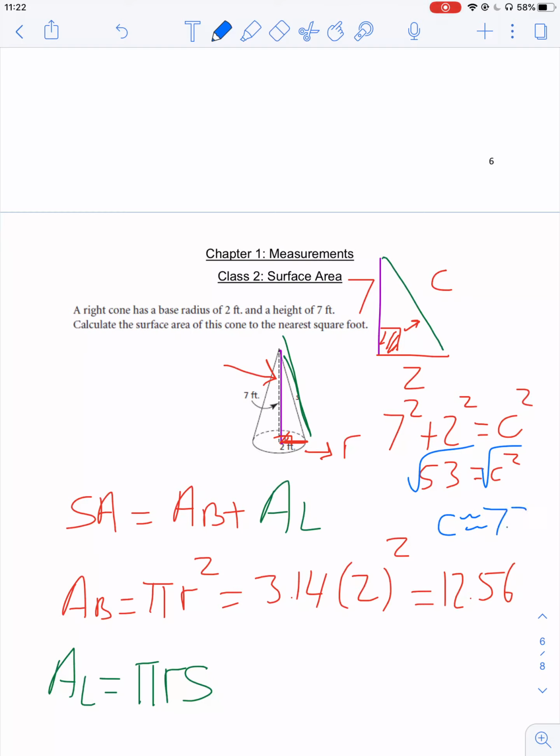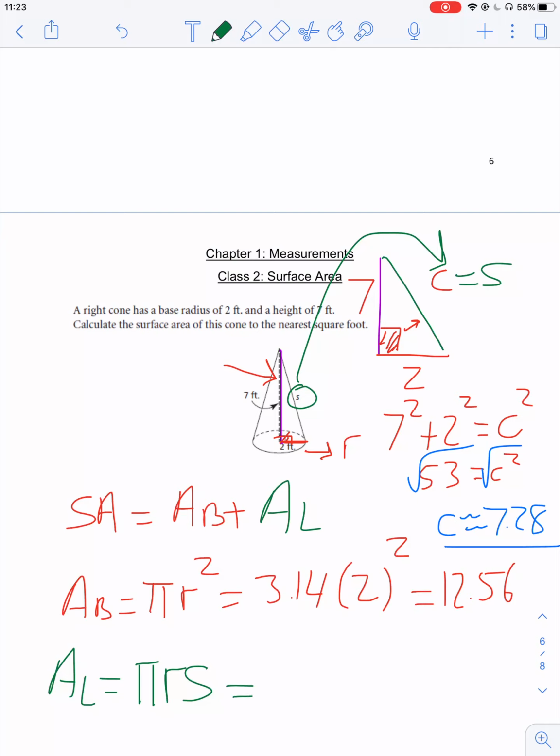So this c value is actually my s value. I just called it c, but this c is also equal to the s value, based on this picture. Let me clear the picture up a little bit and then you will see. This s over here is the same as my c. So now I have my slant height.